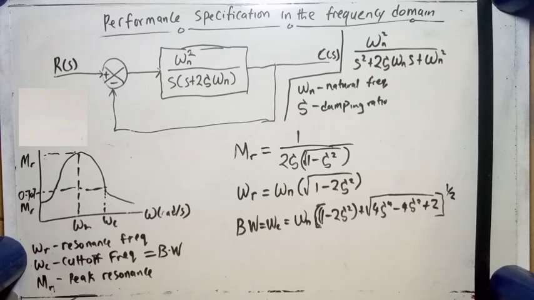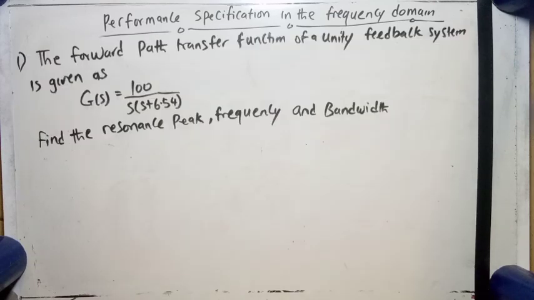Okay. Now we are going to take an example under performance specification in the frequency domain. Our question says the forward path transfer function of a unity feedback system is given as G(s) is equal to 100 over s(s plus 6.54).